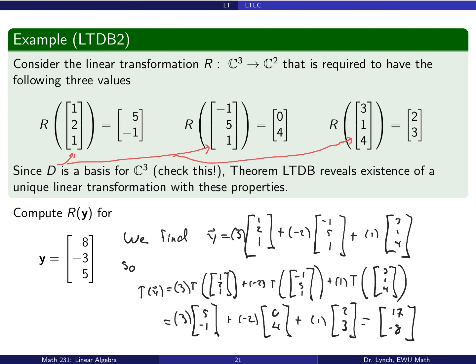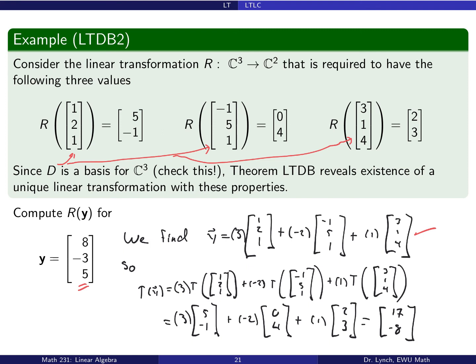So the first thing we have to do to answer this question is identify that our vector y can be written as a linear combination of these 3 vectors in D, this non-standard basis. Now, in general, of course, in order to do that, you have to solve a linear system, but not such a big deal. The linear system you would solve is a 3 by 3 linear system.